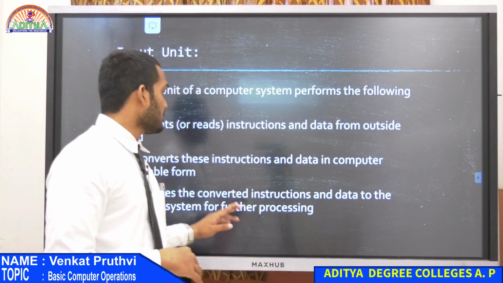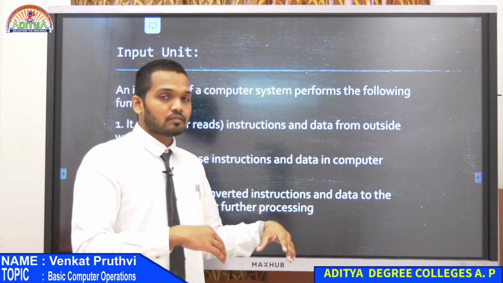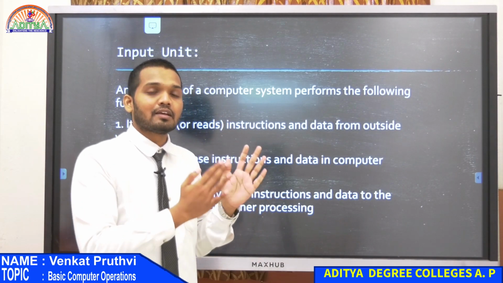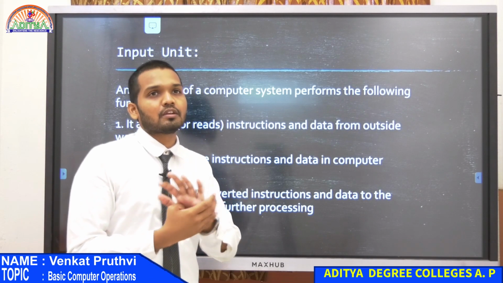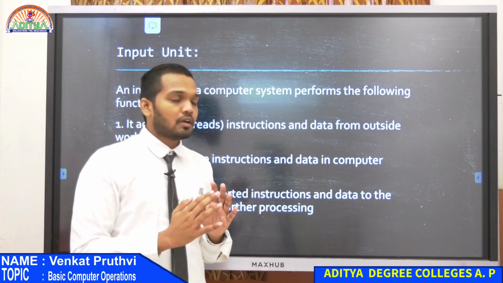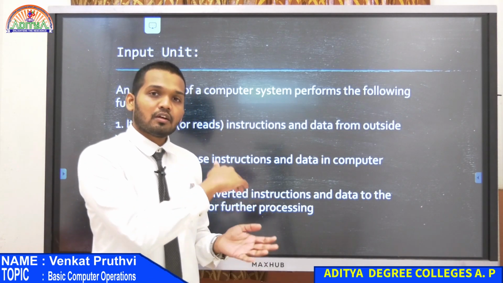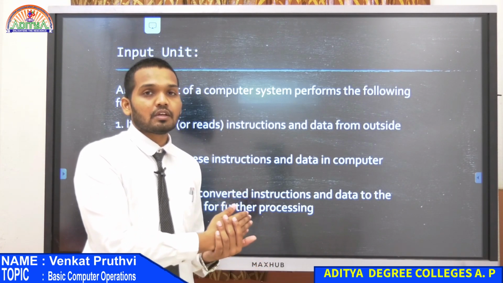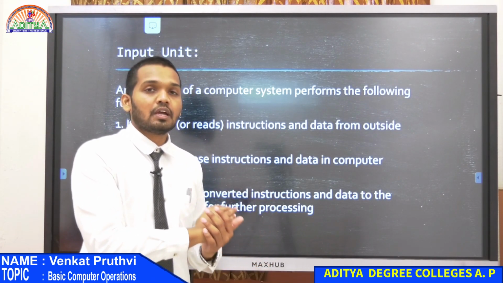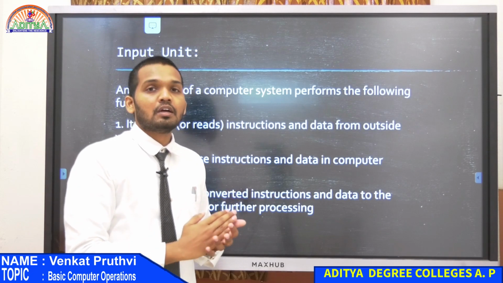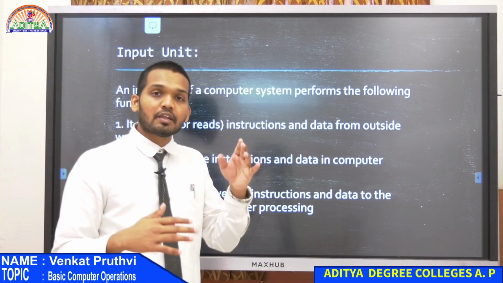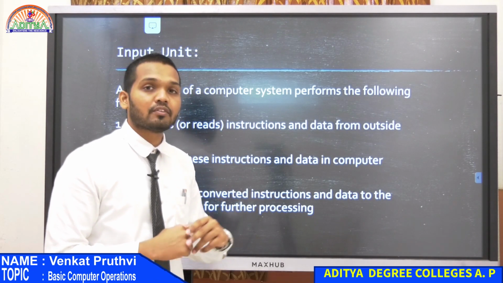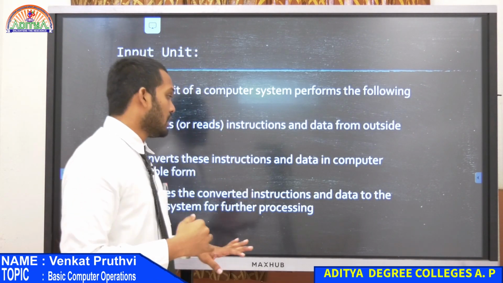Now, what is happening? The input unit has an interpreter kind of thing. You can imagine an interpreter as a small program which converts the data that you have given as input in English into zeros and ones, that is the machine language, so that the computer can understand that code and perform the required operations.